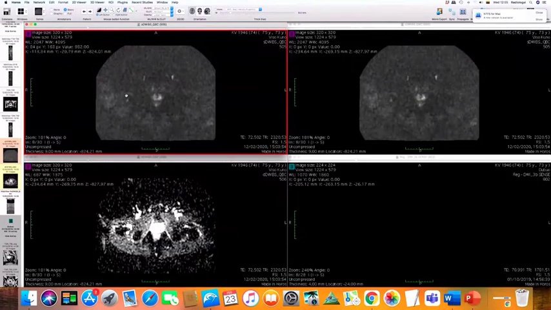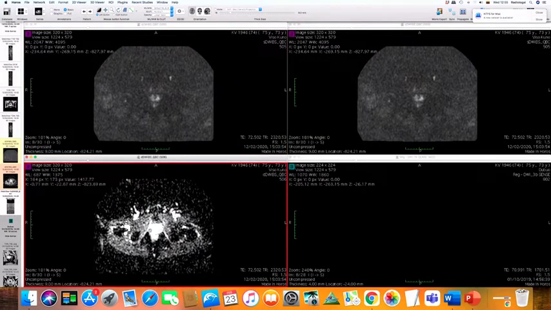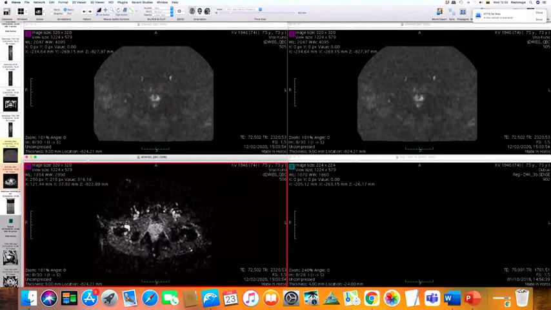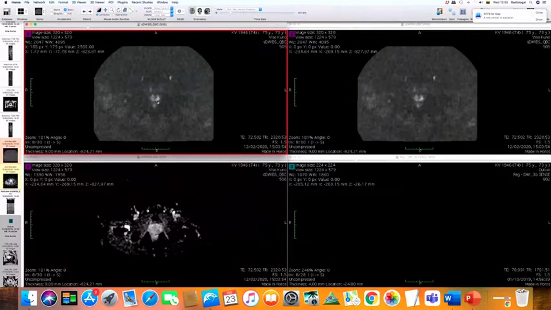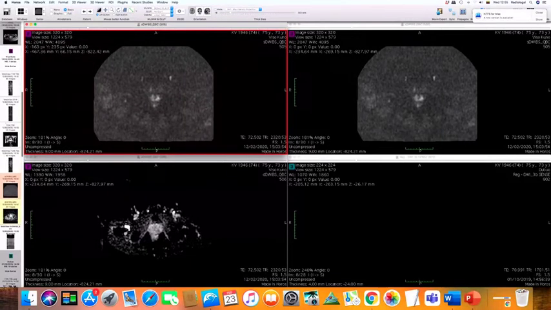Some changes are seen on DWI here, in this place, but the diffusion restriction is not so big, and the focus is very small. It's mostly the same place where contrast enhancement was seen in earlier images, but from whole body MRI it is difficult to say whether it is recurrence or not. So it's just a suspicion from these images.